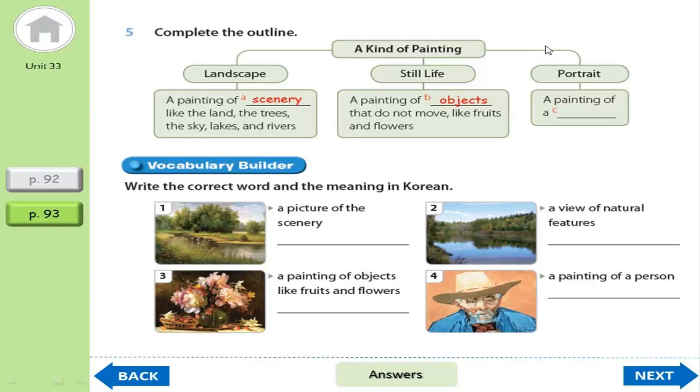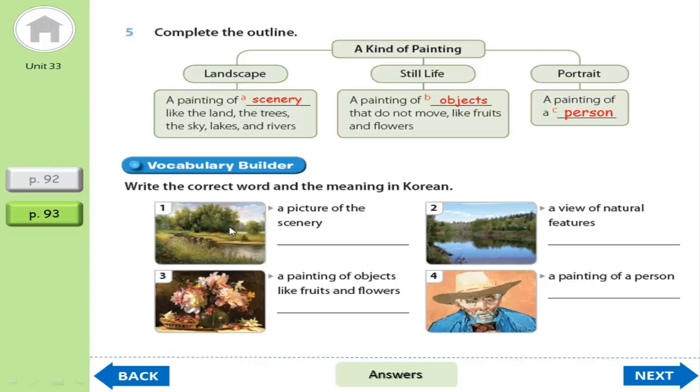Okay. And now the outline about portraits. A painting of a person. Letter C right here. What word should you write in here? Okay. Now continue to vocabulary builders. Write the correct word. So we have 4 pictures, and look at the first picture.